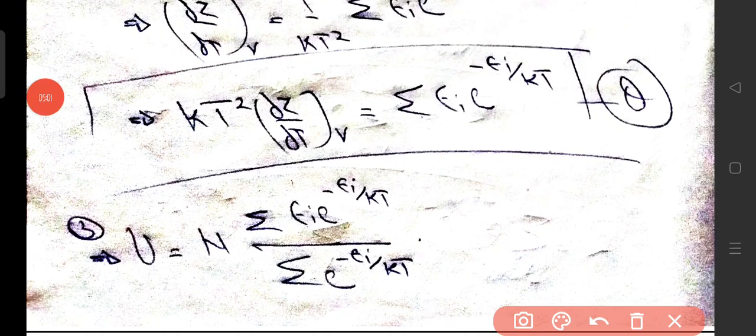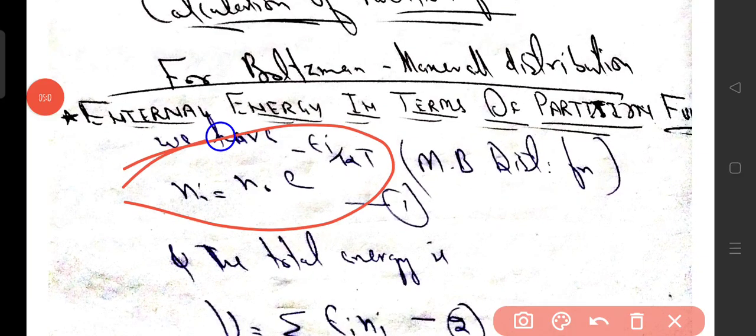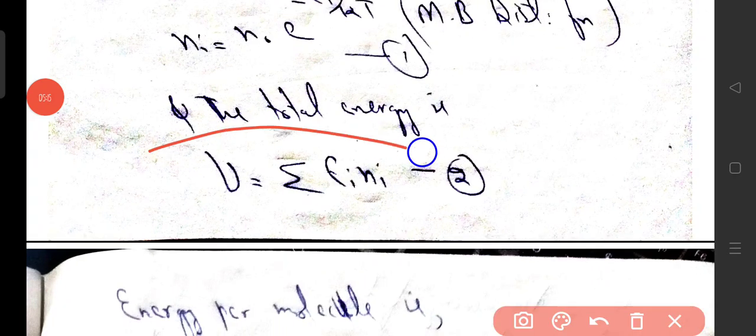How will you get this expression? It is our previous work that if you have a partition function, a Boltzmann distribution law, and you have the total energy summation, then when you divide this total energy by capital N, you will get this, because capital N is equal to summation Ni.